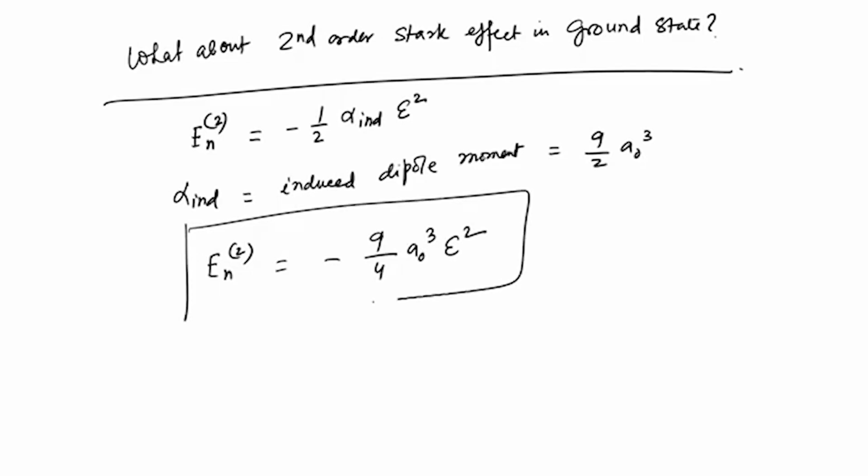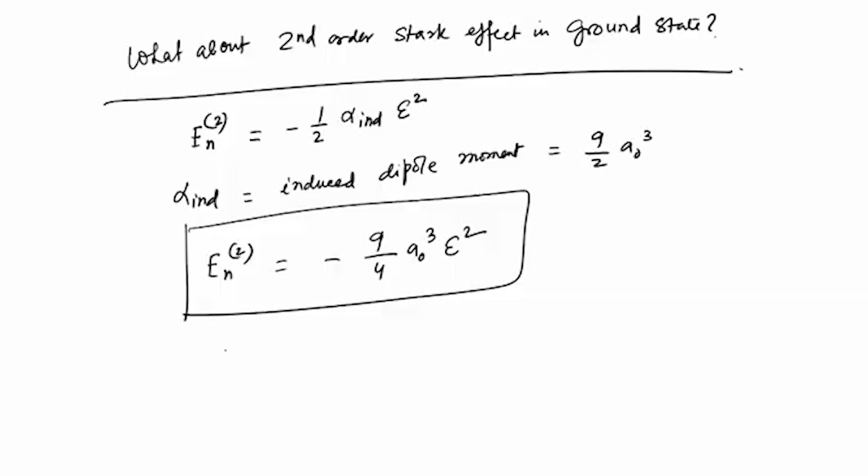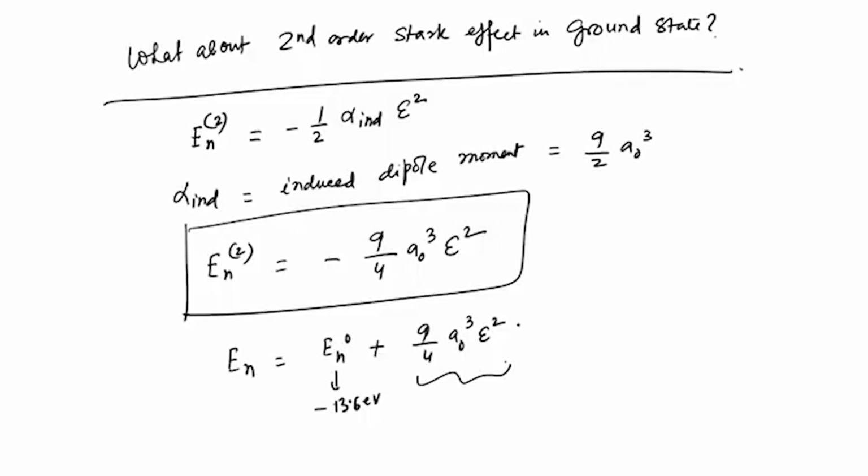So, there is a change in the energy eigenvalue because of this energy correction, and it will shift from its position minus 13.6. So, in the ground state it will be En equal to En0, where En0 is minus 13.6 electron volt, plus 9 over 4 A0 cube E square. Okay. So, it will shift up by this amount because of this induced dipole moment.